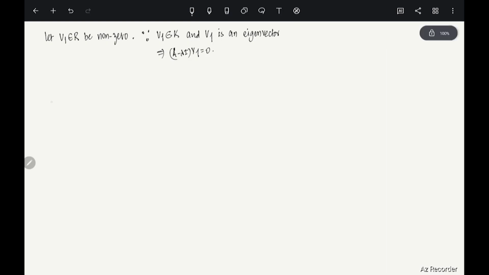Now, since V1 is also in R, that's our assumption, V1 is in R, that will imply there exists a V2 in R3 minus K with A minus lambda I times V2 is V1.